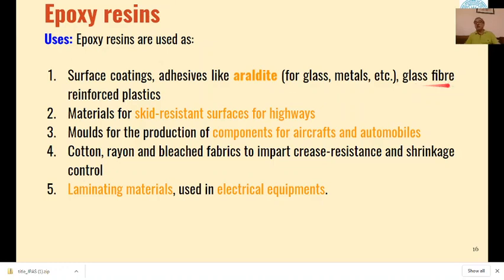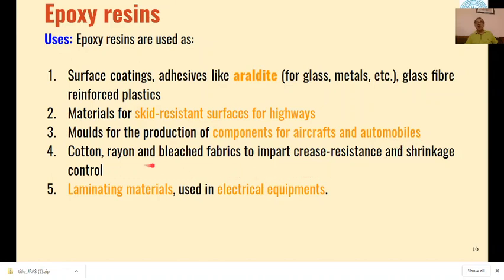Then they are used as glass fiber reinforced plastics also. They are used for skid resistant surfaces on highways, which are coated with epoxy resins so that vehicles may not skid. Then they are used for production of components of aircraft and automobiles.